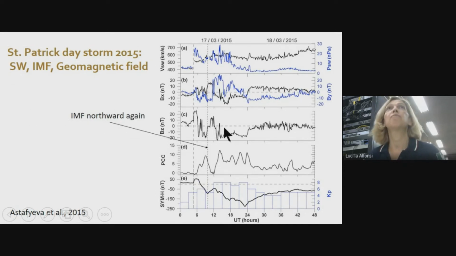Then we have a northward turning of the IMF at that time. And you see that this time coincides with the peak of this first part of the storm.